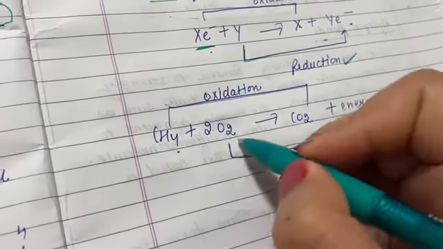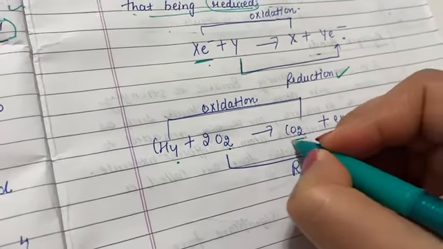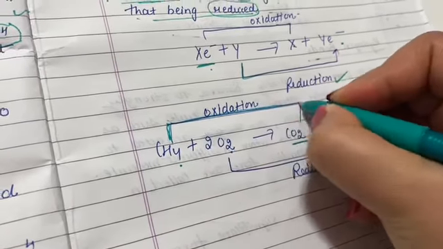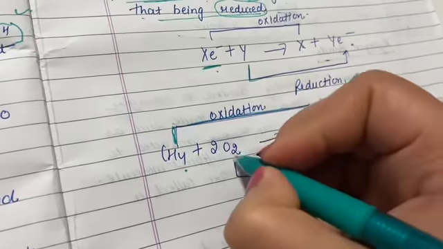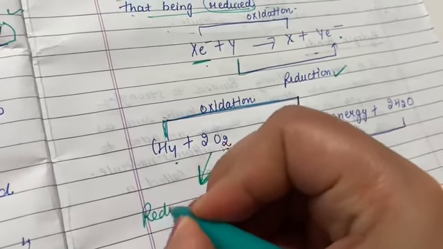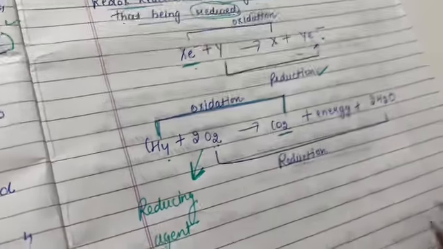CH4, methane, reacts with oxygen and it is making carbon dioxide. Now this is oxidation, whereas we can say O2 is the oxidizing agent in this case.